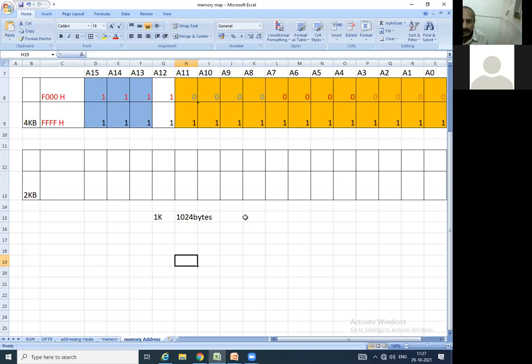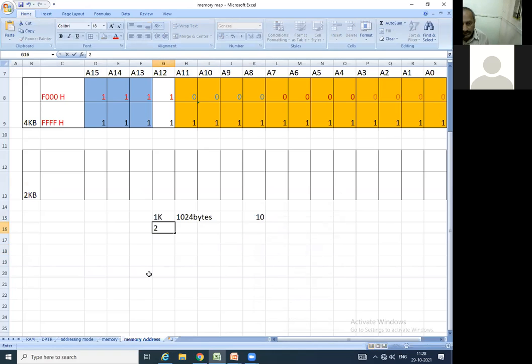That means it is equivalent to 2 raised to 10. So 2 raised to 10, 1K means.